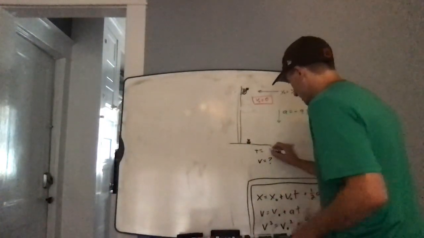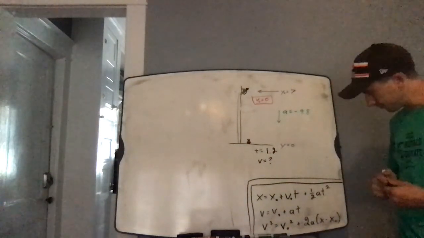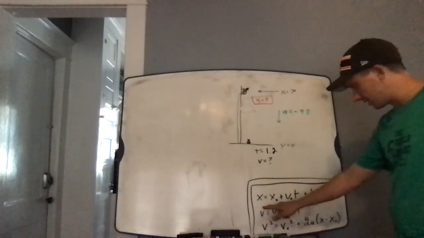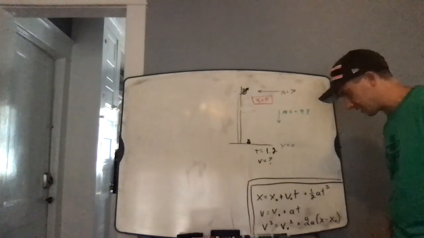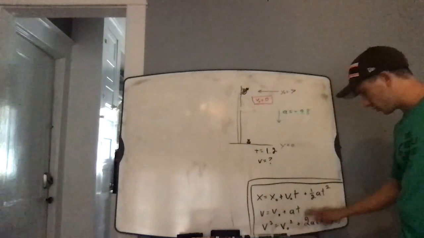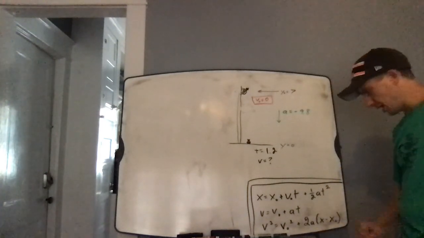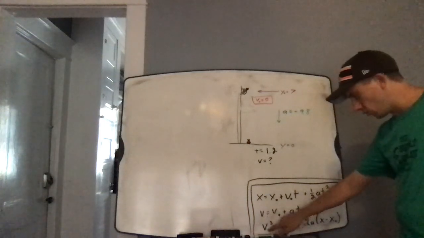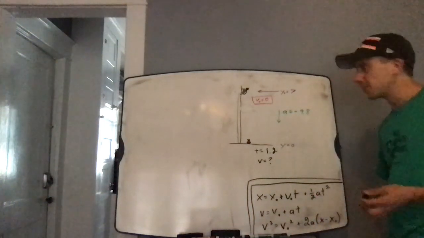We now know that this time is 1.2 seconds. I have a new piece of information at my disposal. Well, we already used this equation, so we probably don't want to use it again. If I look at these other two equations, it turns out I could use either. I could use this one, or I could use that one. I'm going to choose this one because it's shorter.